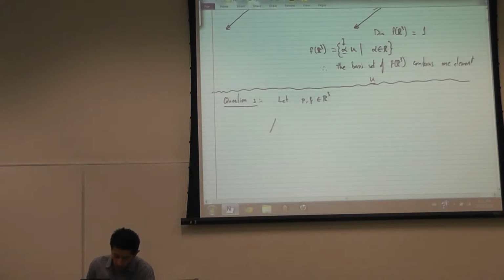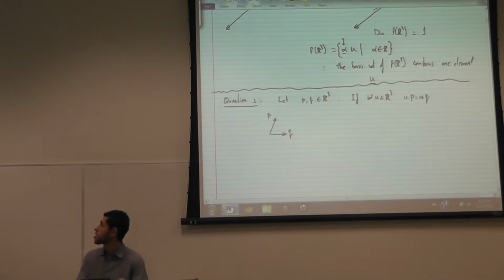This is P, and this is Q. And it happens to be that for every U in R3, U dot P is equal to U dot Q. If I take the dot product of U with P, and I take the dot product with Q, I get the same number. And I'm saying that this implies P equals Q.